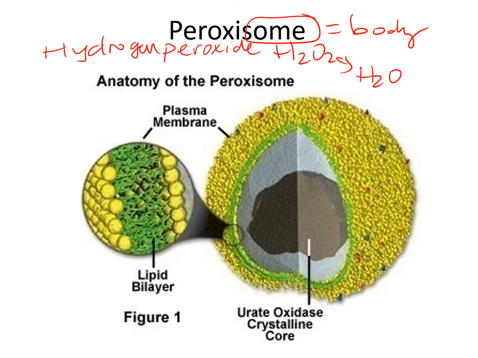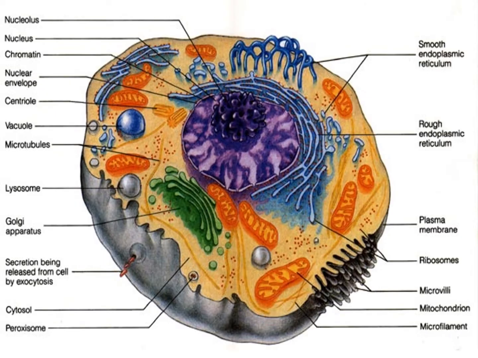Obviously, water is not harmful in the right volume in your body. So, like the lysosome, the peroxisome is found freely floating in the cytoplasm. It does have a coating of membrane layer around its outside, but it is not anchored to another organelle. In this picture, you can see the peroxisome down here on the far left. It is in fact smaller than vacuoles and smaller than lysosomes, which are shown right there.